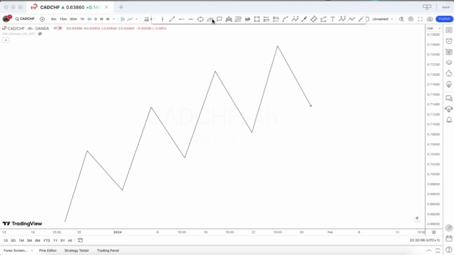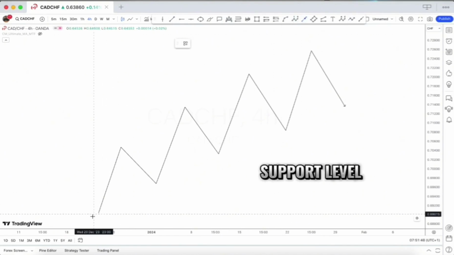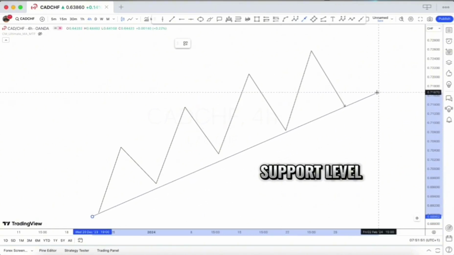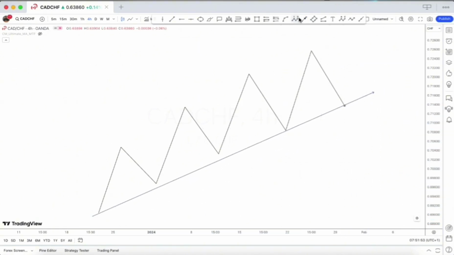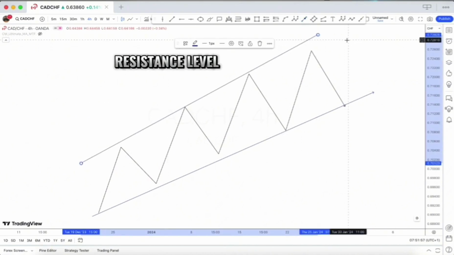This support, like we said the other time, is usually the floor and the resistance is usually the ceiling. All right, so now as we have already identified the support level being the lower one right here, and the resistance level being the one at the top, just like the one for the ranging market.